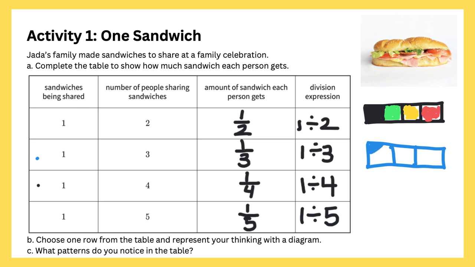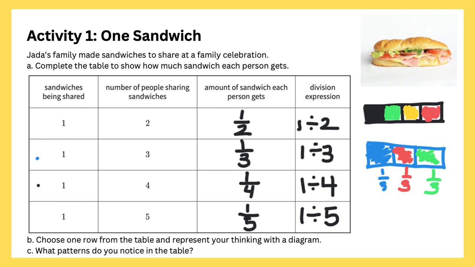So we have 1/3 there, and then someone else will get another piece. Let's get another color, and then 1/3 here, and then one more person will get that final 1/3.